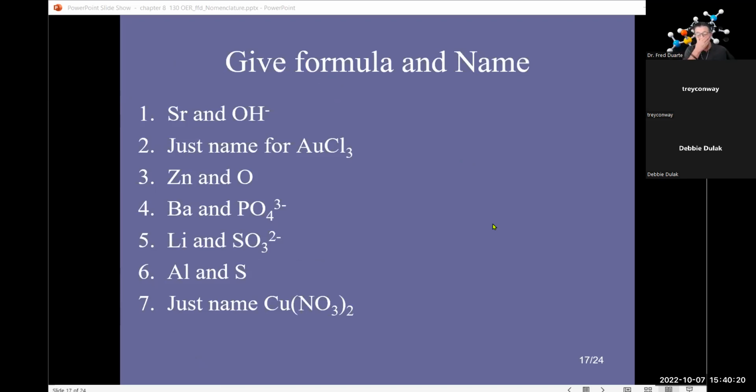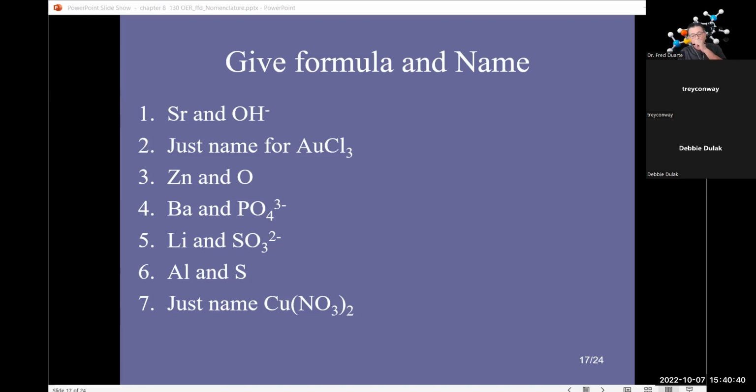All right, well, let's do this one here. Got a list of species here, and they're asking you to give either the name or formula. Okay, so we can do both. So number one, you've got Sr. Well, we've got to figure out what Sr is. And Sr is element number 38, which is strontium.